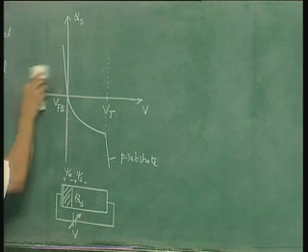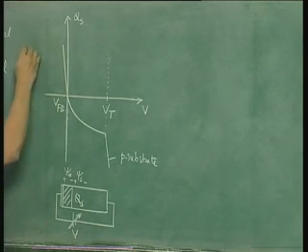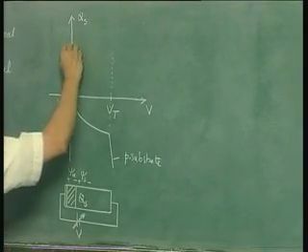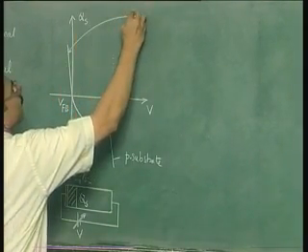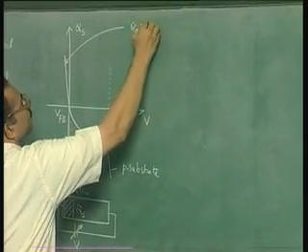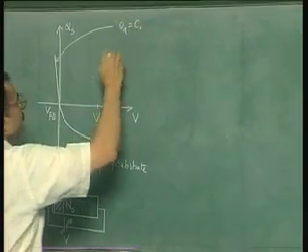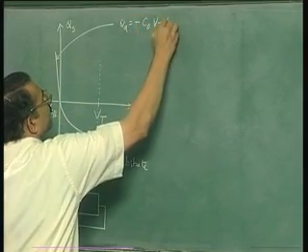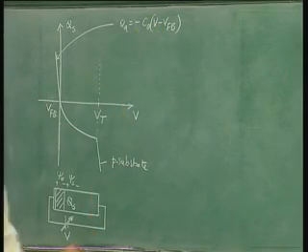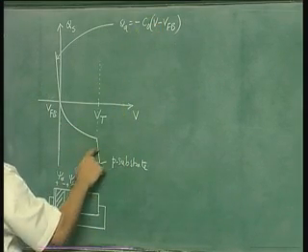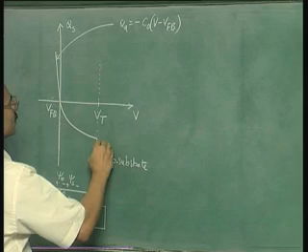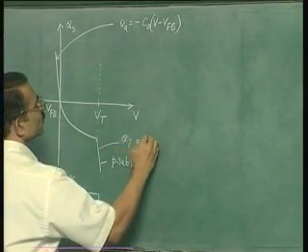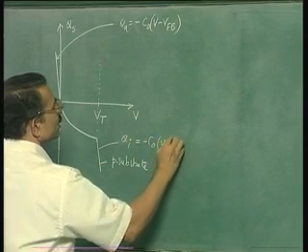Whereas the equation for this, for inversion, is Qi is equal to minus C naught into V minus Vt.